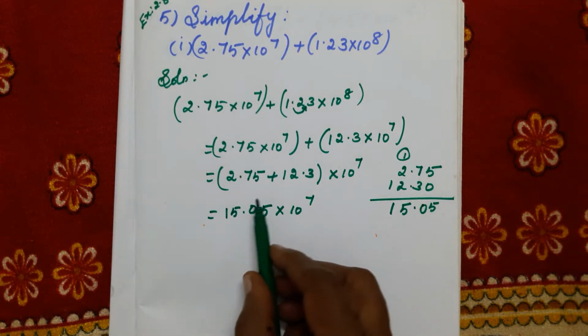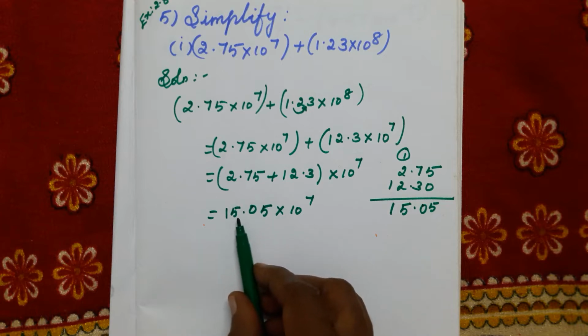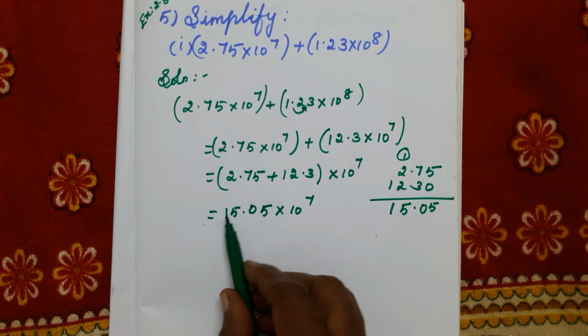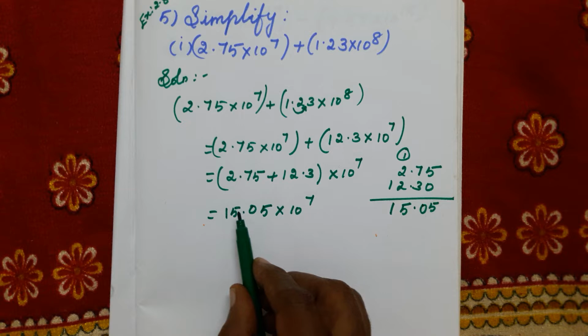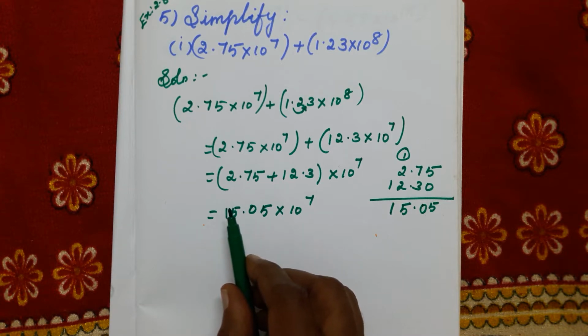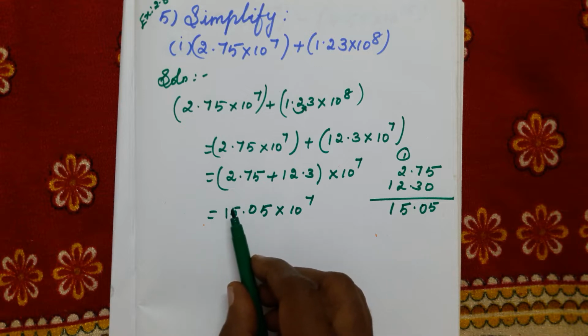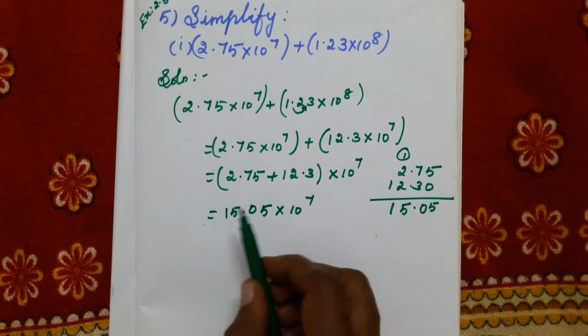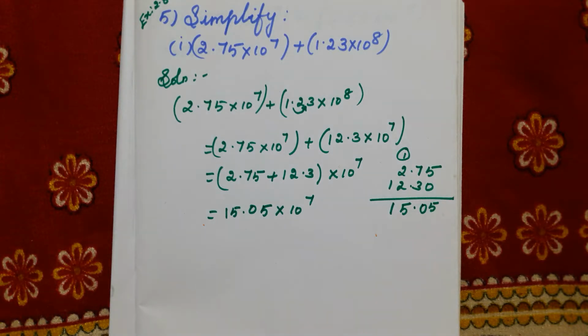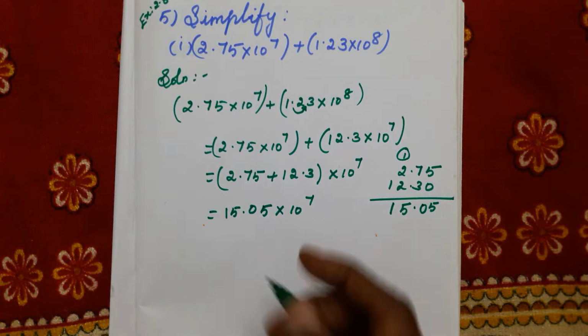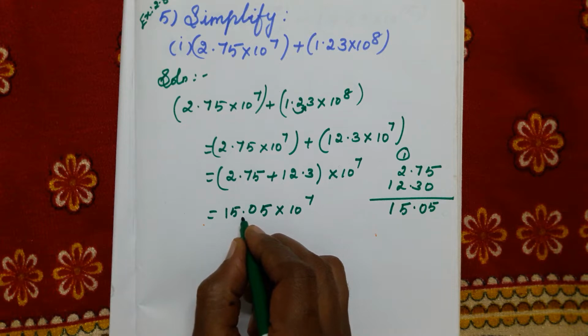Now here, is it in scientific notation? No. Why? Before the decimal place, how many digits are there? 2 digits are there. In scientific notation, only 1 digit should be there, is it? So we have to move the decimal point 1 digit left.